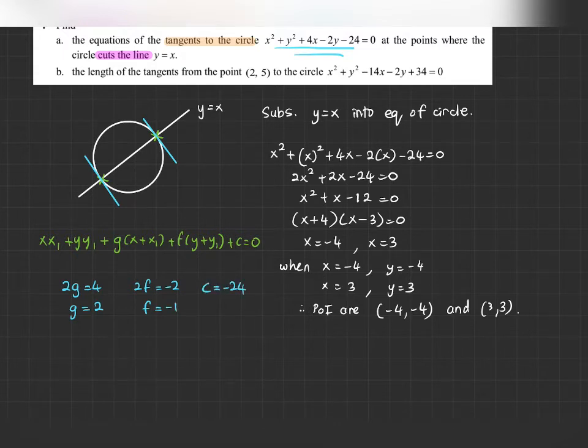So mana datang 2g, 2f dengan c ni? So ingat balik equation of general form, x square plus y square plus 2gx plus 2fy plus c equals to 0, kan? So kita compare lah 2gx dengan 4, 2fy dengan -2, and c dengan -24. So we get this information.